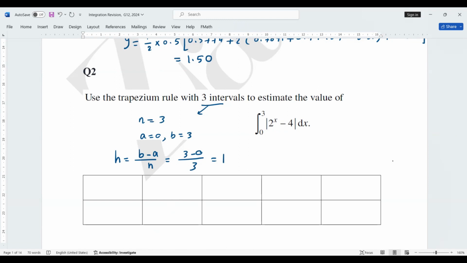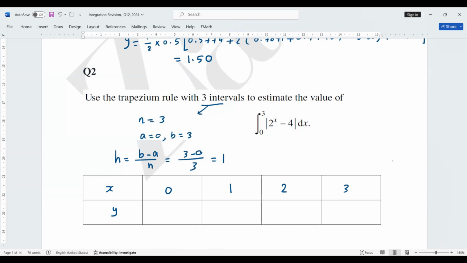So this is x, and this is y. 0, 1, 2, 3. So x equals 0. Add 1: 0 plus 1 is 1, 2, 3.